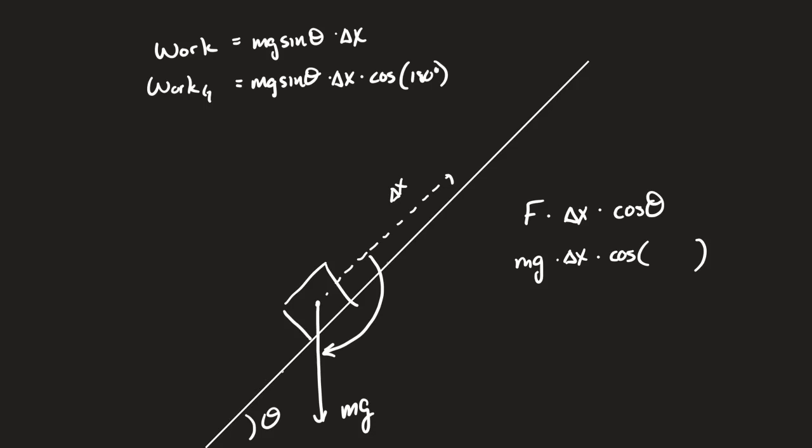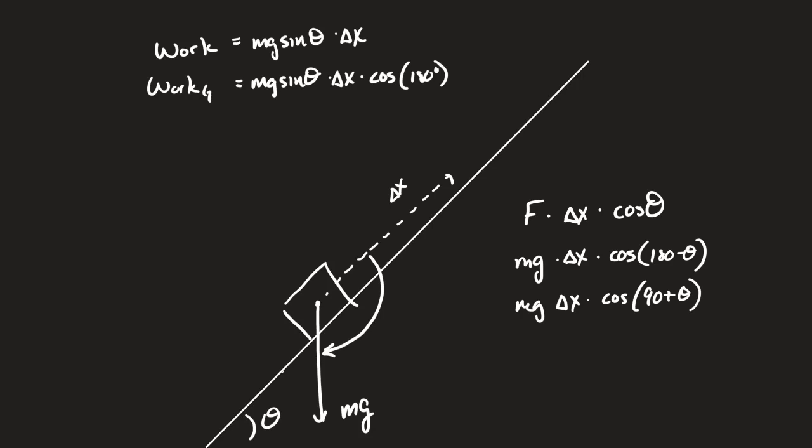Yes, ma'am? 180 minus theta? It could be 180 minus theta. That's going to work. So 180 minus theta. There's also another way to write it. It could be mg delta x times cosine of 90 plus theta. Now, you guys are in pre-calc, right?